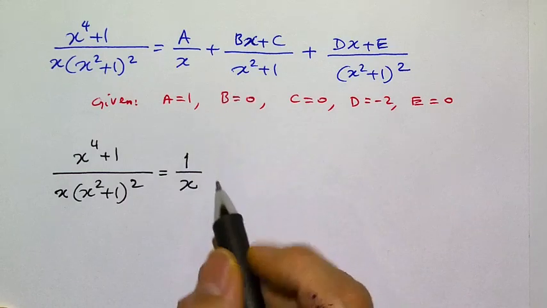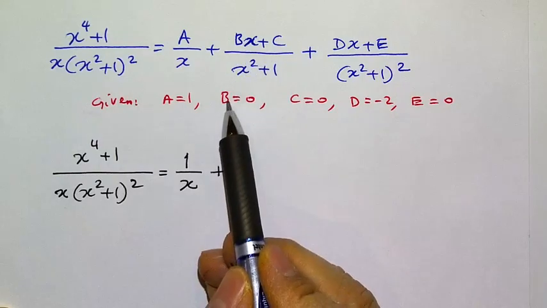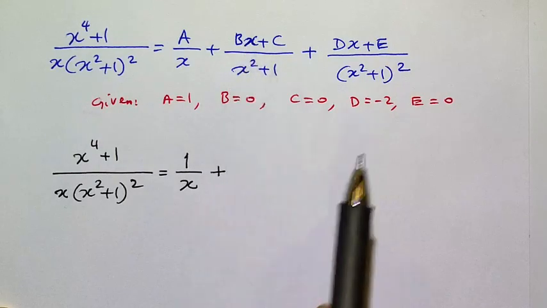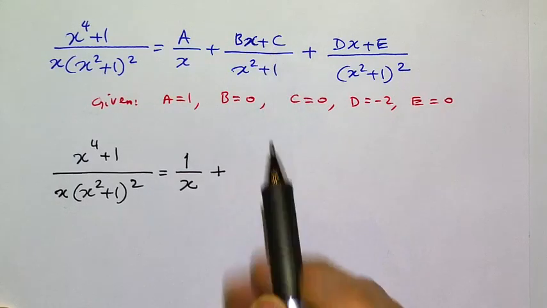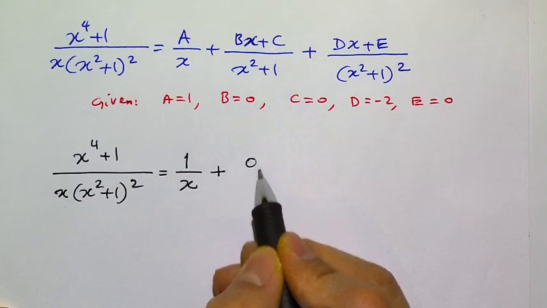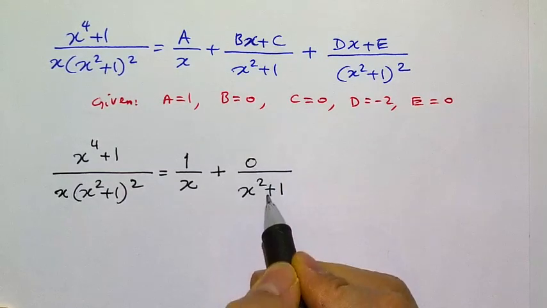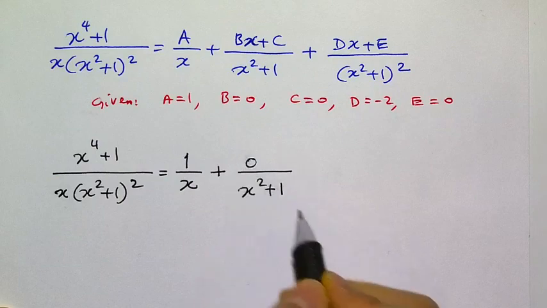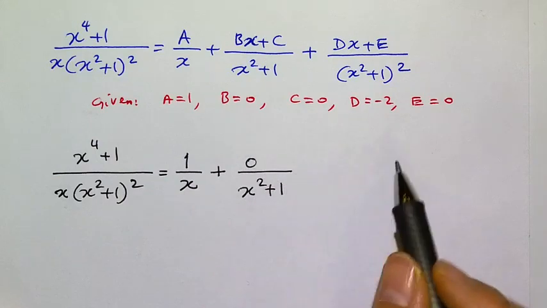Then plus b is equal to 0. So that term drops out. And guess what? C is also equal to 0. So we end up with 0 divided by x squared plus 1. 0 over anything is 0. So this will be 0. I'll cancel it in the next step.